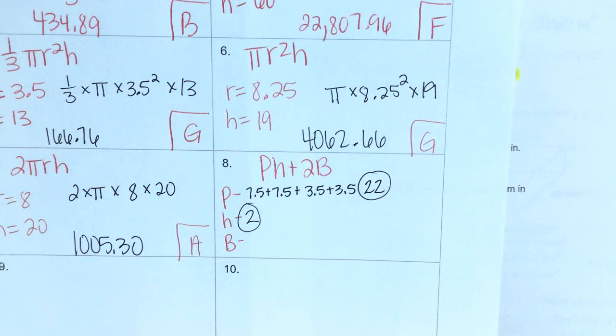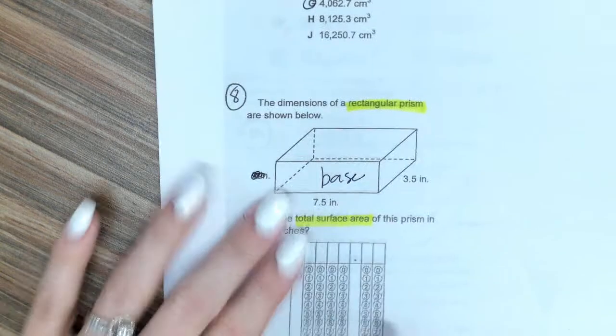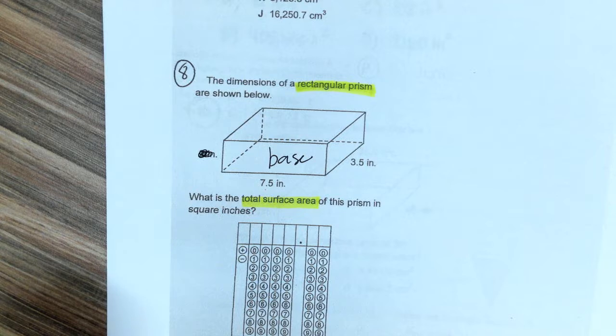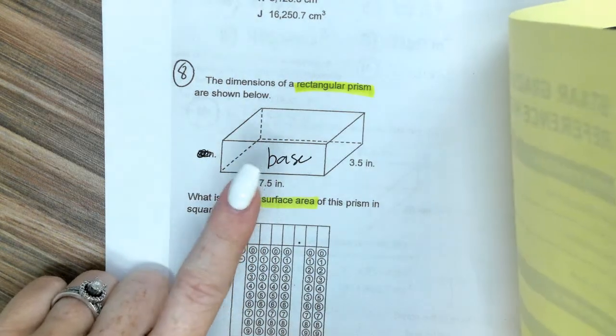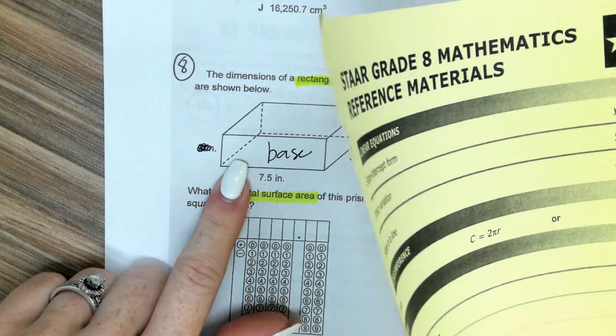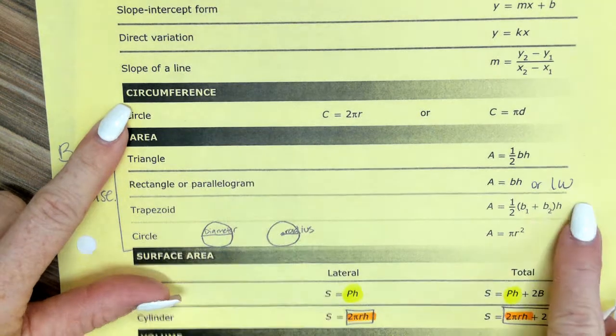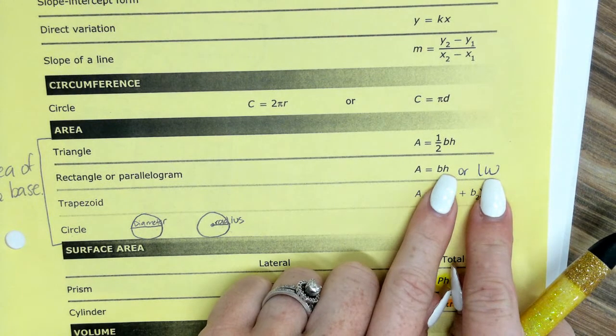Now, what does big B stand for? Area of the base. Now stop. A lot of you want to go divide by 2 or multiply by 0.5. This base is a rectangle, yes? So you go to area of a rectangle, and what does it tell you to do?